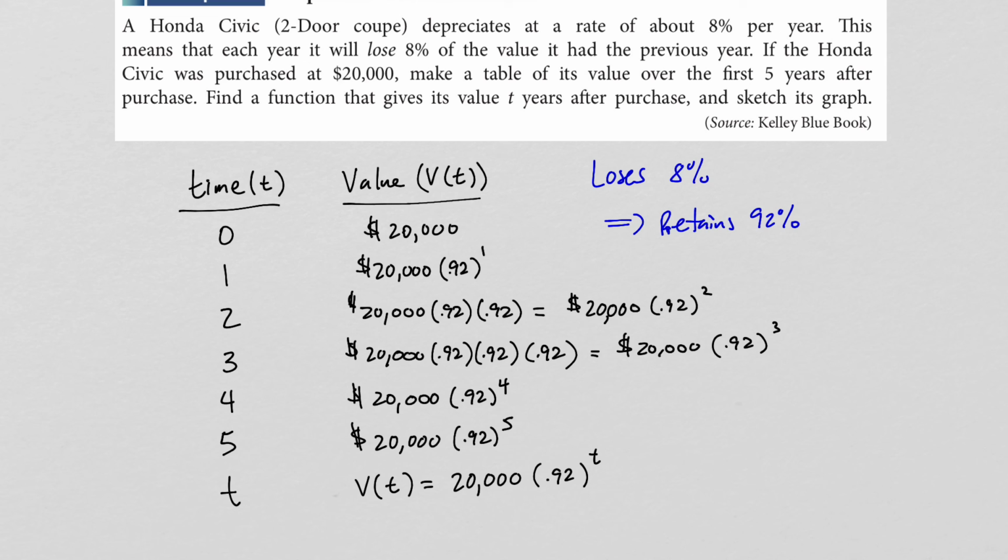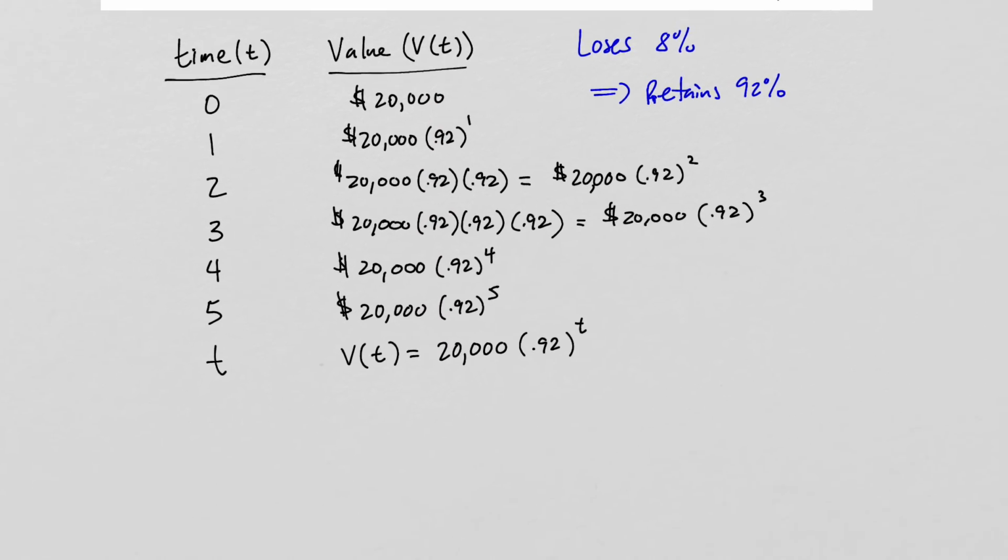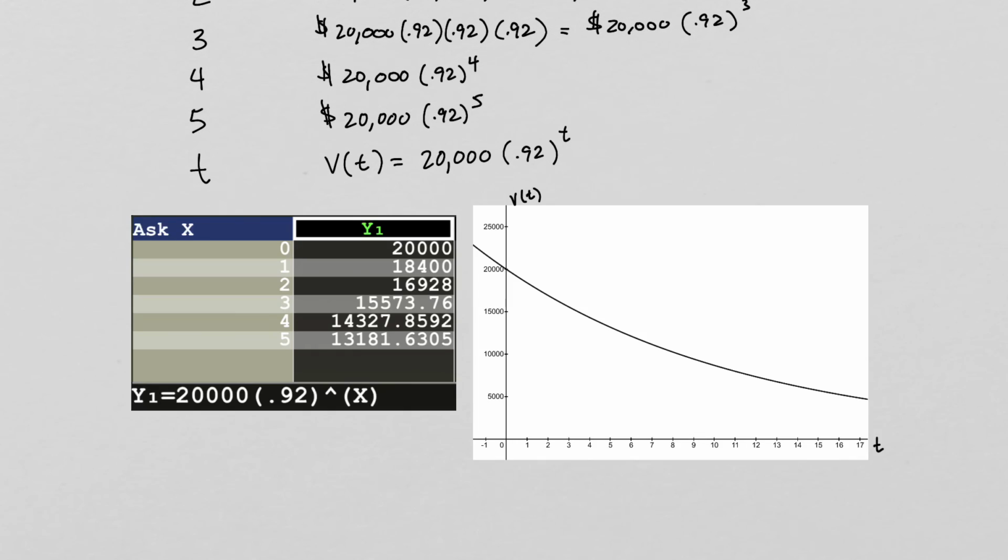So I'll go ahead and bring in a table of values for all these to show you what it's worth at each of these years, and then we'll sketch its graph. On my graphing calculator here, you can see I put in the function 20,000 times 0.92 raised to the variable power. On the calculator, they use x instead of t, but that's okay. You can see that when it was new, it was worth $20,000.